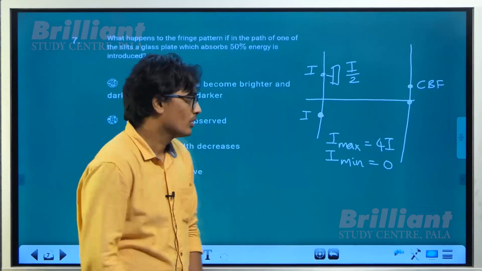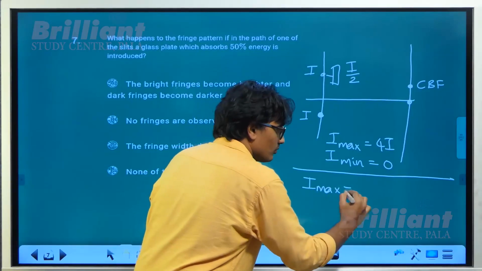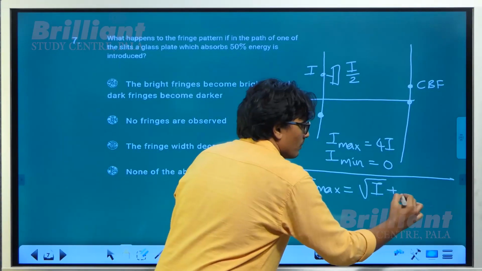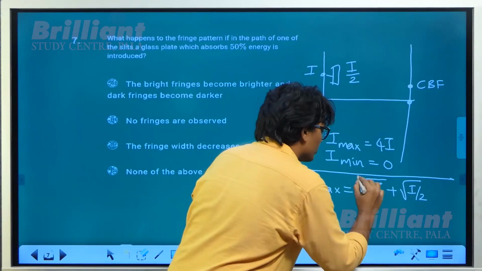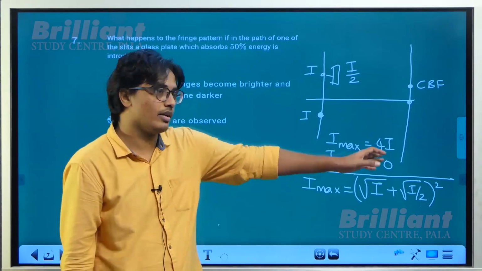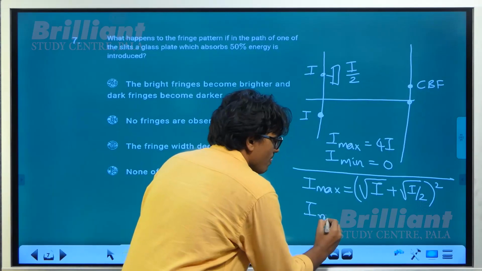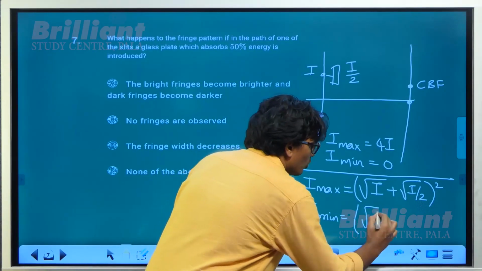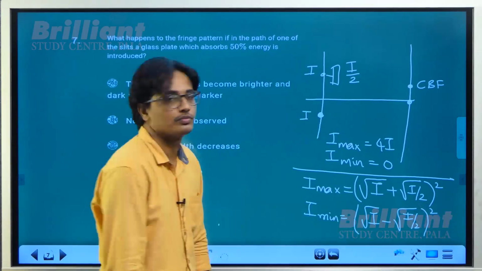Okay. In that case, we'll be getting I max as root I1 plus root I2 whole square. It will be less than 4I, and I minimum as root I1 minus root I2 whole square.